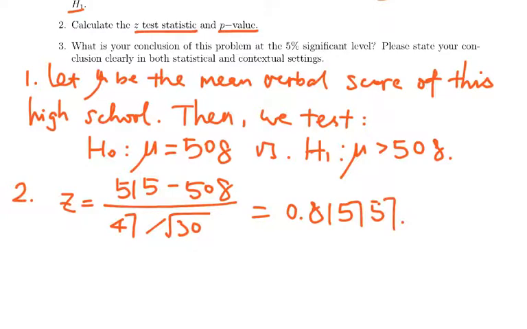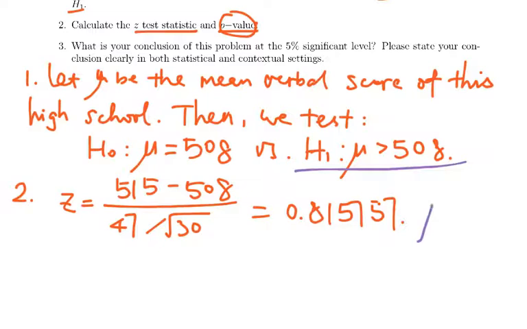We next find the p-value. Remember, the p-value is the probability of observing data as extreme or more extreme than what we have observed, in the direction of the alternative hypothesis, when the null hypothesis is true. Because our alternative hypothesis is mu greater than 508, we're looking in the greater direction.